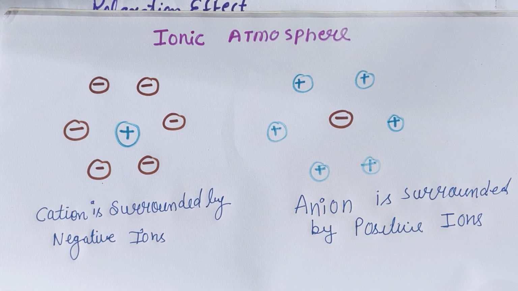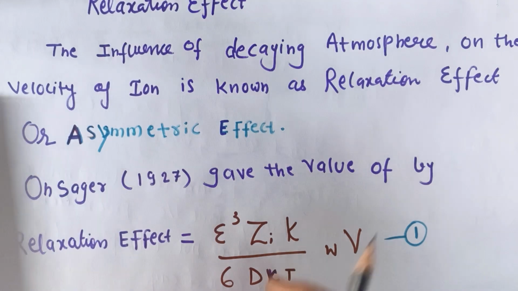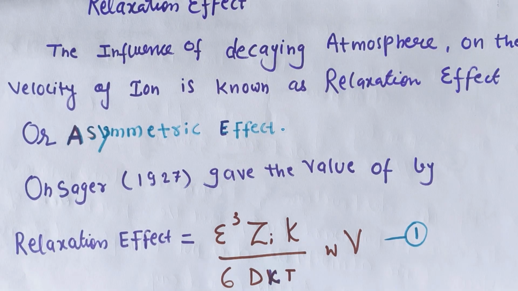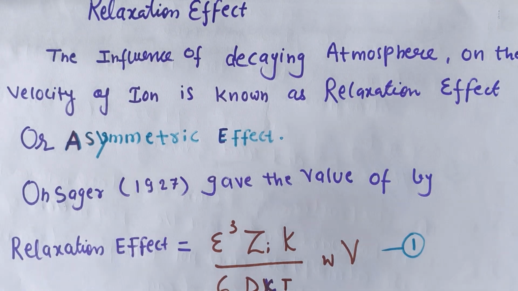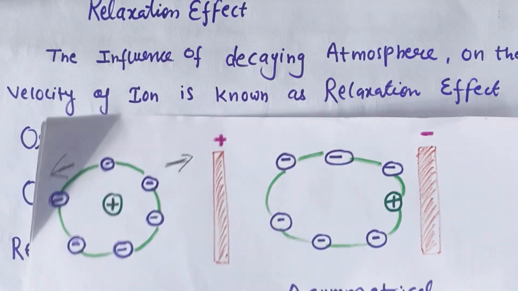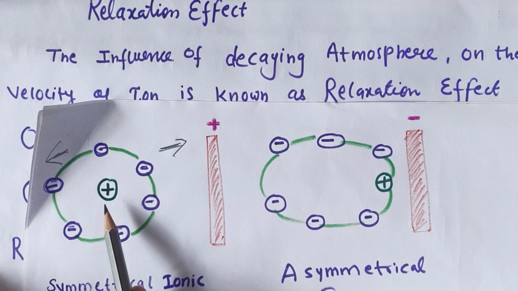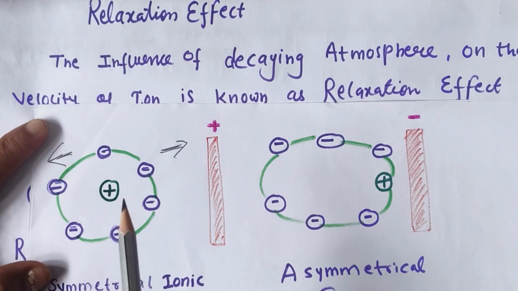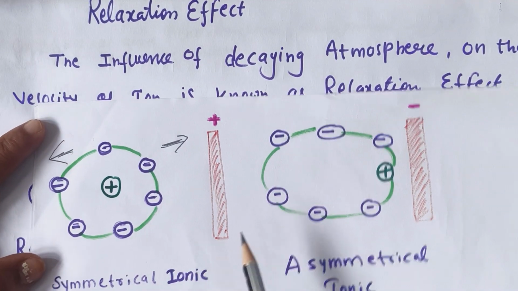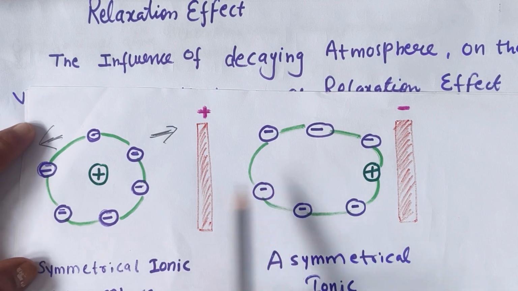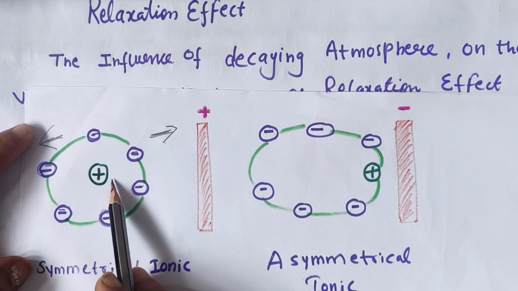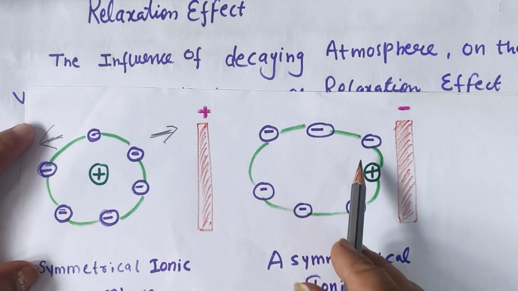Now what does the relaxation effect explain? As we just saw, it is a symmetrical ionic atmosphere. What happens when we put the electrolyte in a solvent in an electric field? Slowly the positive charge starts moving towards the negative electrode.